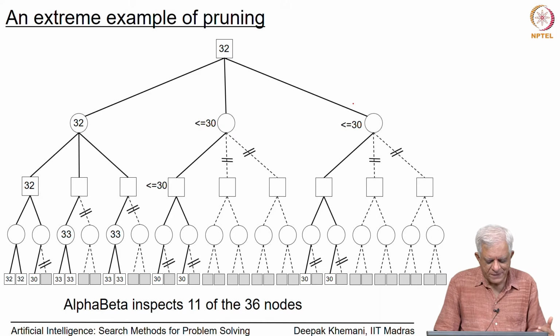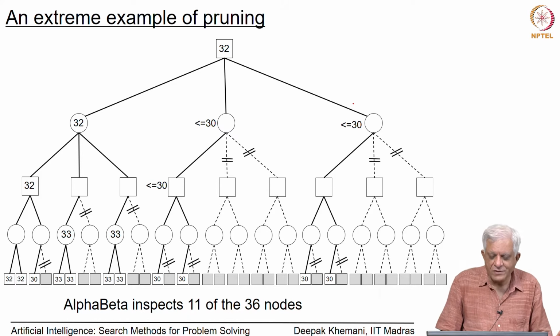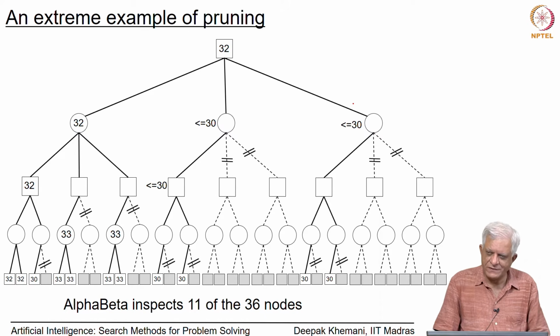You can see that in this contrived game tree, where the values are just 30 and 32 and 33 chosen so that the cutoffs are maximized, you can expect to visit as little as 11 of the 36 nodes. So, clearly it depends upon how those nodes are placed essentially.